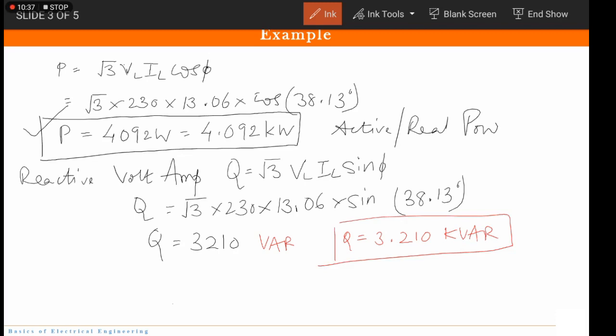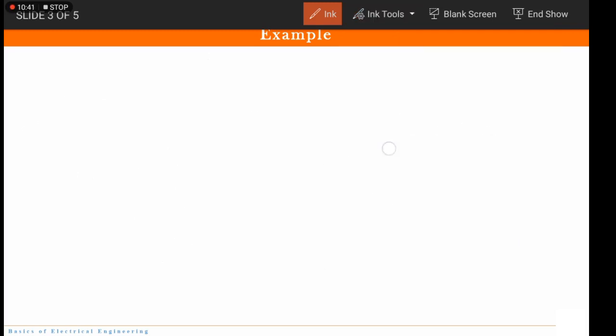Okay. Fine. Now again we have to find out the total volt ampere, which is represented by S. Now there are two ways by which we can calculate S. One is S is equal to root 3 VL into IL.